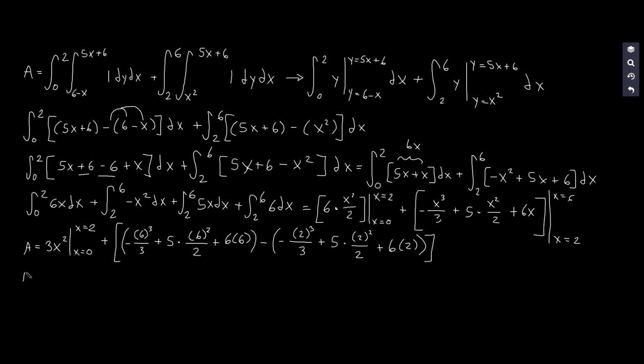So I think I'm running out of room. So the area equals 2 times 2 is 4, 3 times 4 is 12. 12 plus 6 times 6 is 36. What's 36 times 6? No, it's not 36. 6 times 6 is 36.